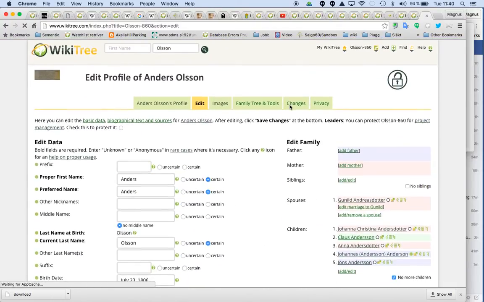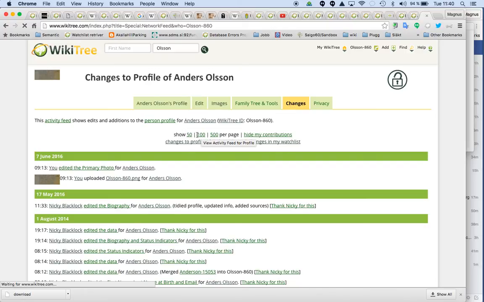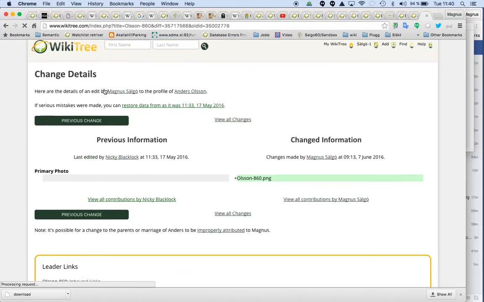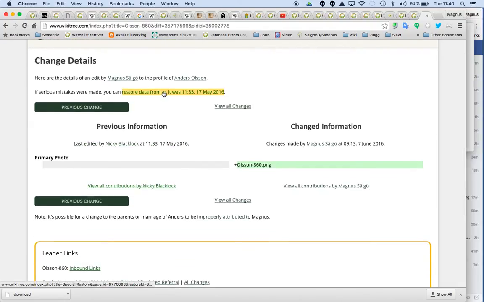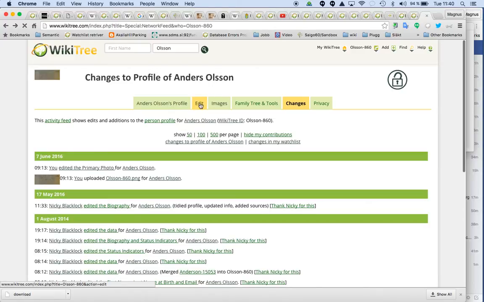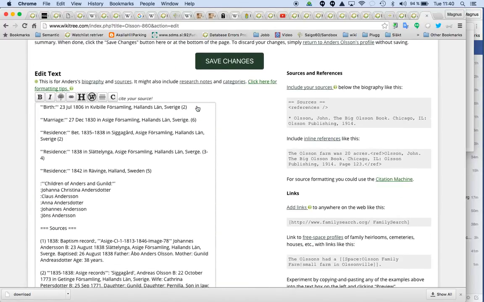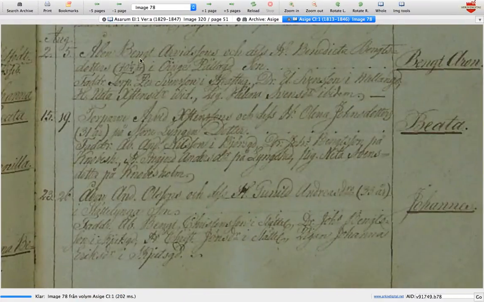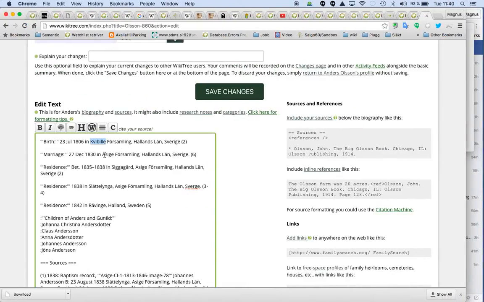You know, if you don't like what I do, you can always do restore. So if you go like here, then you say restore data from that time or that time, and then it's gone. So it's no problem if people change. But what I do now is that we have added, or I have added mostly, we have ASIG here.